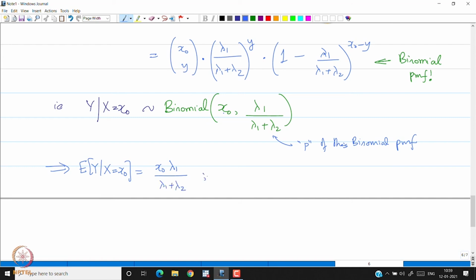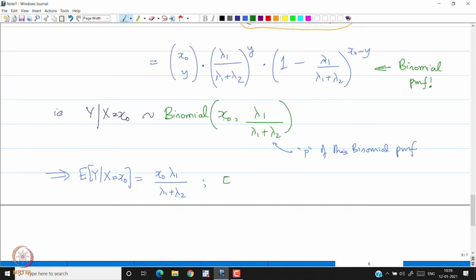And exactly by symmetry, the expected value of z given x equal to x naught will be x naught into lambda 2 divided by lambda 1 plus lambda 2. The only difference here is the numerator lambda 1 becomes lambda 2.